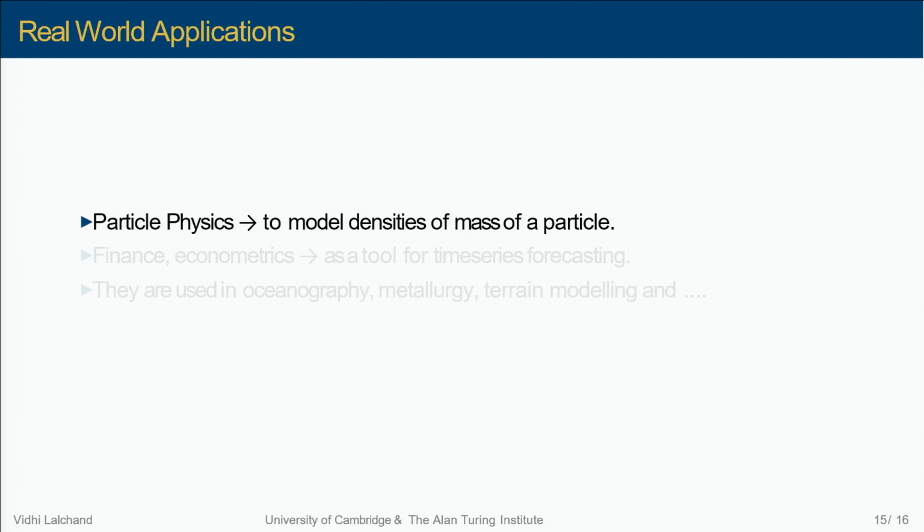The one that's most interesting to me is in particle physics, where Gaussian processes are used to model densities of the mass of a particle, and these particles can be unknown, they could be exotic, and we don't know if such particles exist. We just accumulate a lot of data. So in estimating the density in such a context, Gaussian processes are really useful because they're totally non-parametric.